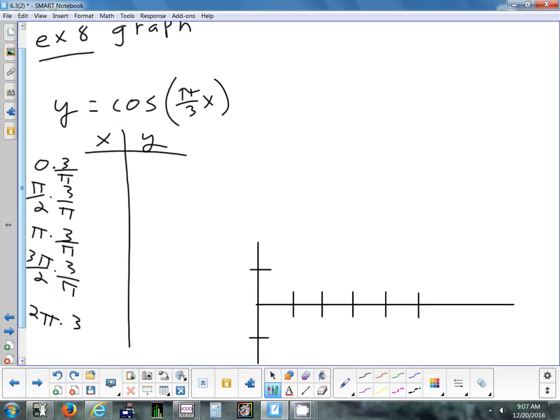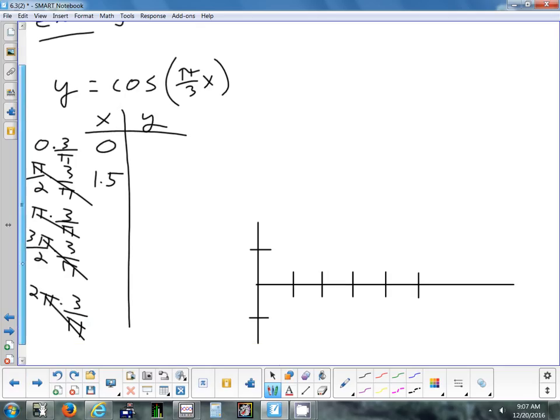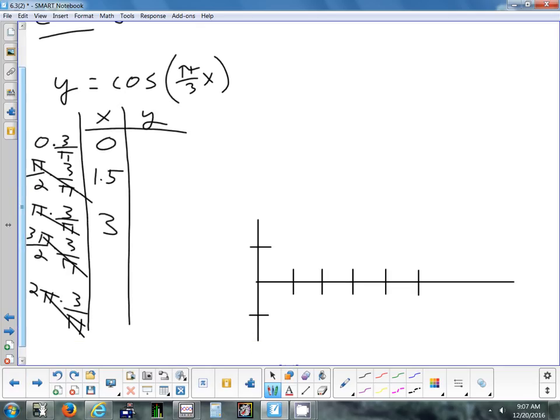Okay, and I just said that all pi's are going to cancel. So what's my next x value? 3 over 2. Yep. Or we could write 1.5 if you want to see the pattern. My next one? 3. And basically, whatever the gap is between the first one and the second one, it has to be the same.